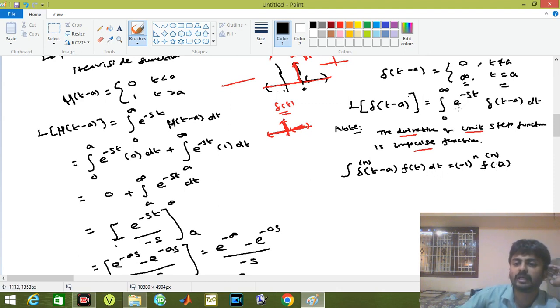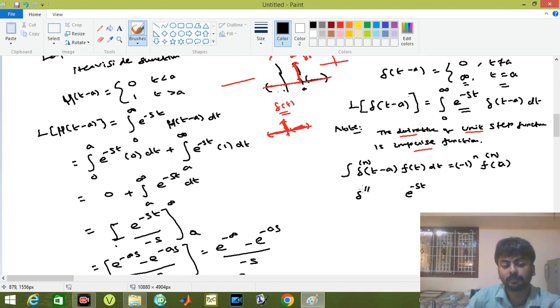So here you can see our f of t is e power minus st, and our delta has no derivative. It is not delta dash or delta double dash, it is simply delta. So it is the zeroth order derivative.